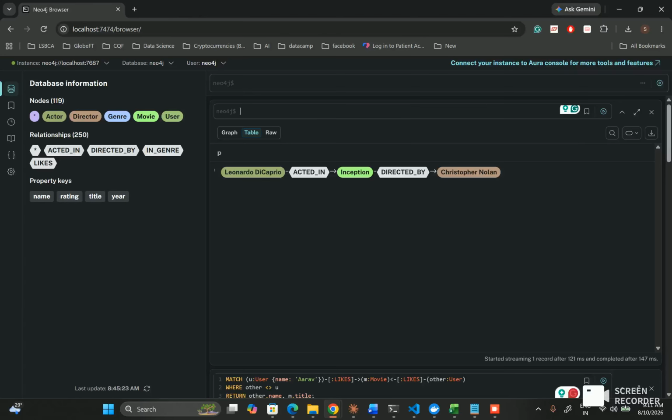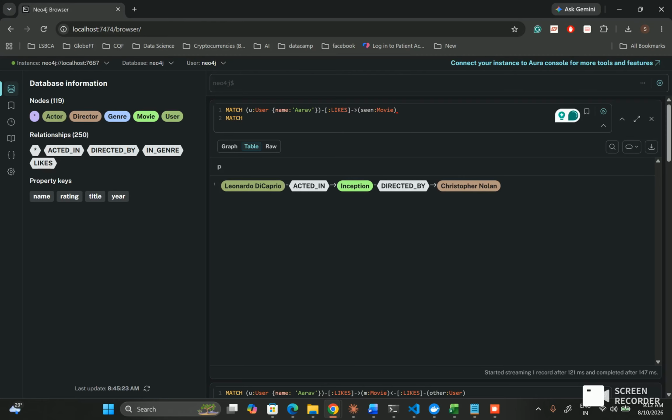Now I'll also explain while writing a query. Suppose MATCH. By this time you must have understood how these nodes are connected with the relationship. If I write User with username Arav, or anything in the database, if it is available, then LIKES, Arav likes a seen movie.